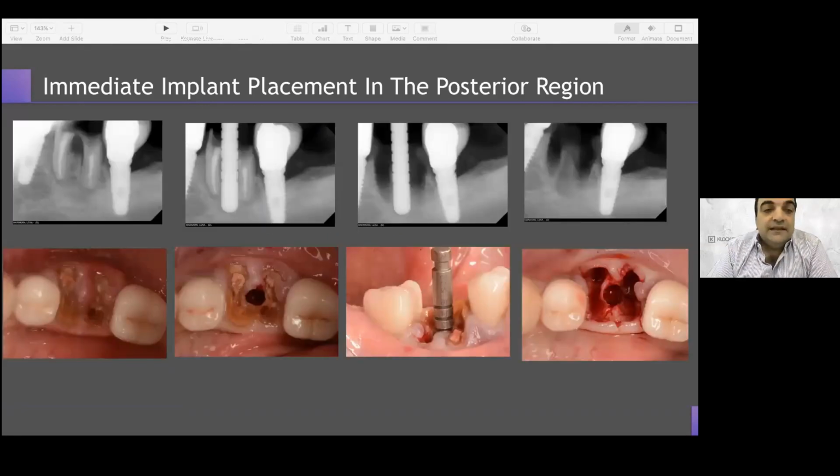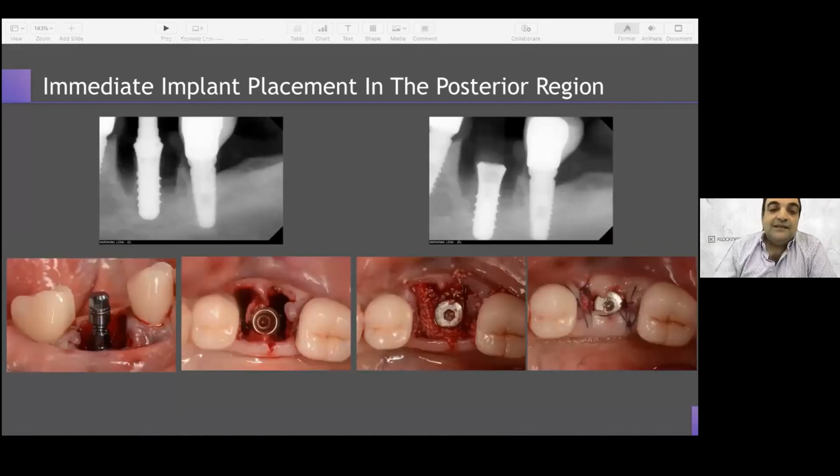These are some X-rays to illustrate our technique. So separation, preparation, extraction, and look at the quality of our preparation after the extraction of the roots. Really, it's a very easy technique to place an implant in the molar region. We place our implant and we are going to graft and close the wound.